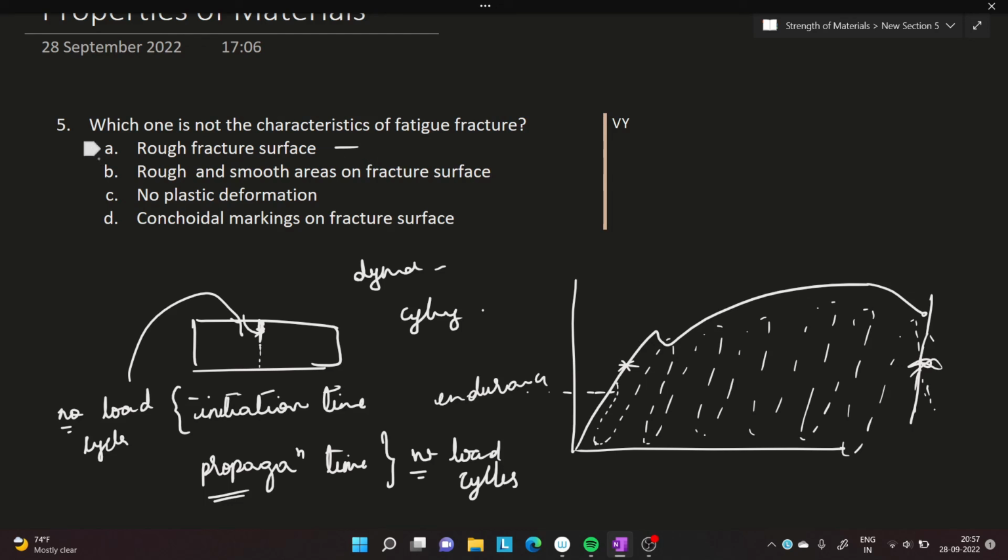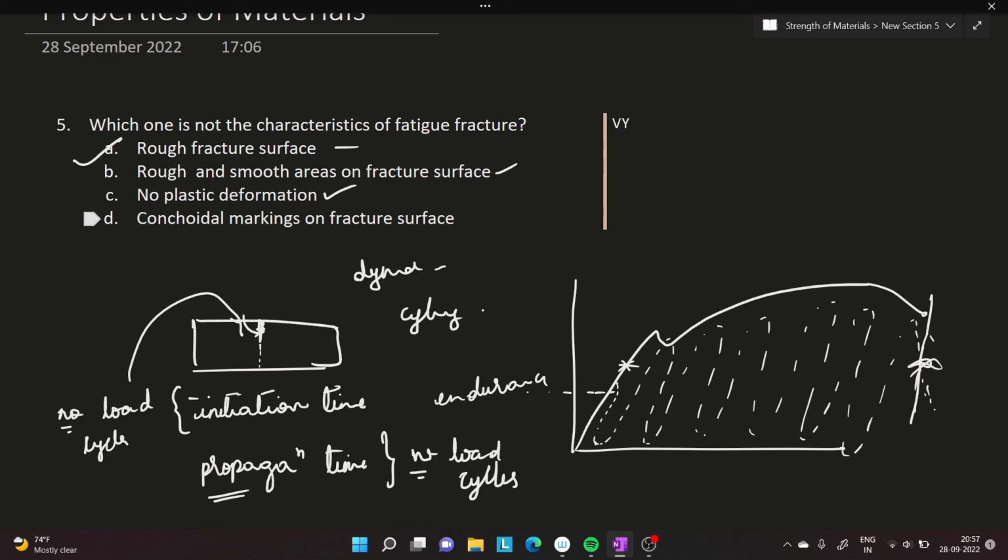The first option itself is going to be the right answer, but let me see the other options as well. What does option 2 say? Option 2 says we are going to have rough and smooth areas on the fracture surface. Yes, we are going to have this. No plastic deformation, obviously, since if we are loading only under the elastic limit for the body, there won't be any plastic deformation whatsoever. So this is also correct.